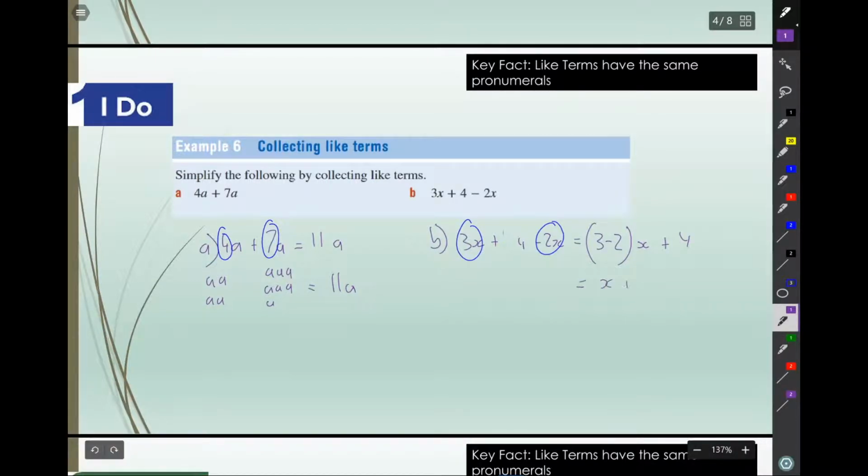So we're going to end up with x plus 4. If it helps you to think about it by writing it like this in brackets, you could have done it over here as well. 4 plus 7a. While you're just getting the hang of it, if it helps you to write it out like that, I'm happy for you to go ahead and do that.